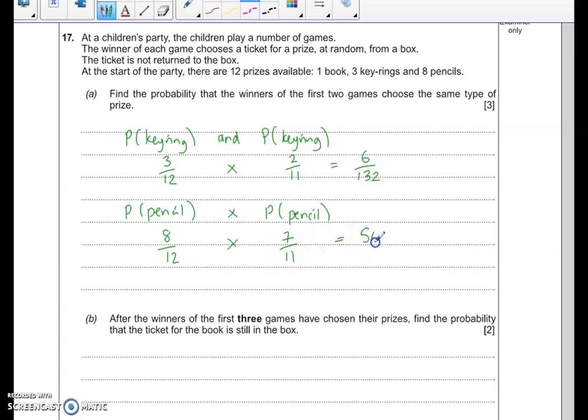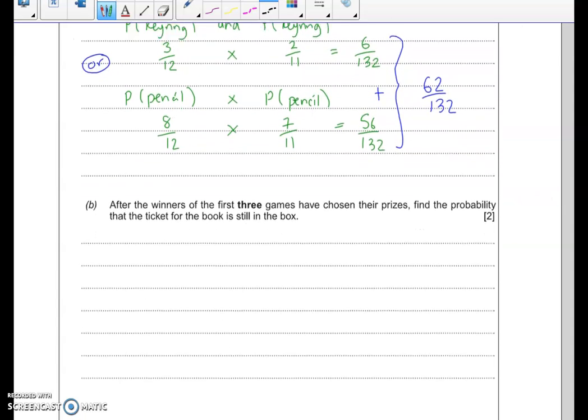So that gives us 56 out of 132. It doesn't matter what prize they get, so we can use the OR rule. So we need to add these up because of the OR rule. That gives us 62 out of 132 is the total probability of the first 2 people winning the same prize.